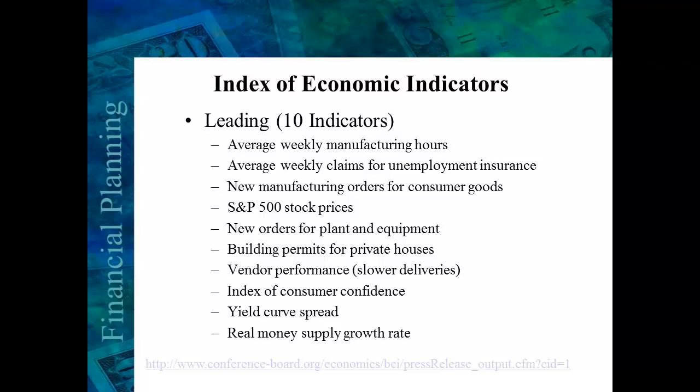Again, these 10 indicators tend to rise in advance of an economic recovery, i.e. they are leading indicators. For information on business cycle indicators, click on the following web link.